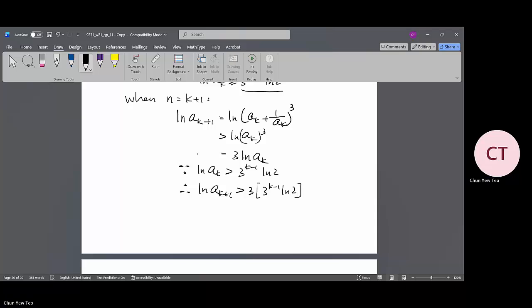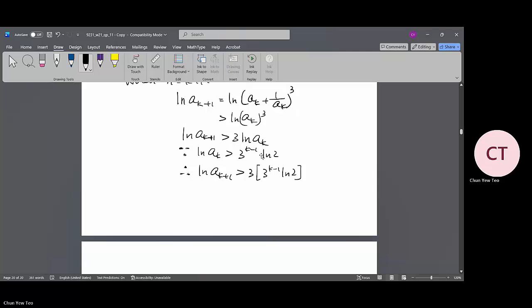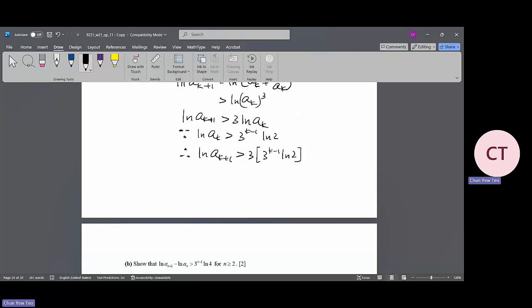Okay, so over here maybe we should write down: this is greater. Then just expand them, you will get ln a_(k+1) greater than 3 to the power k plus 1 minus 1 ln 2.